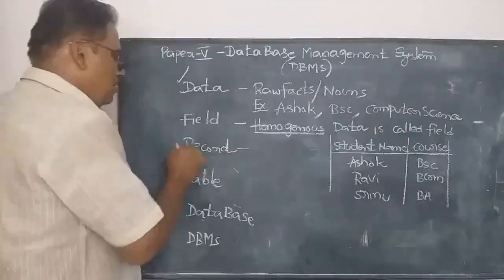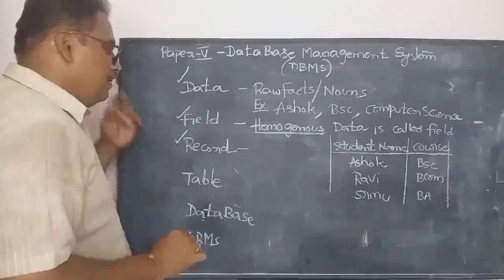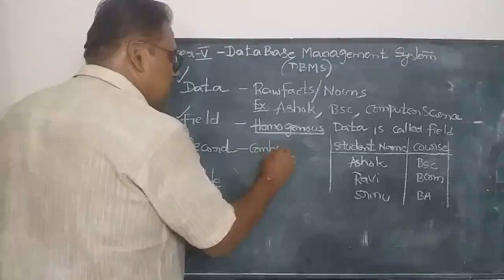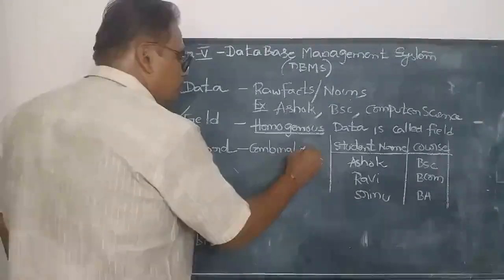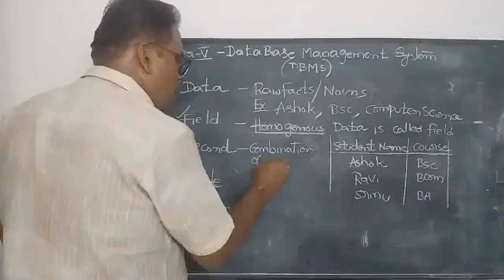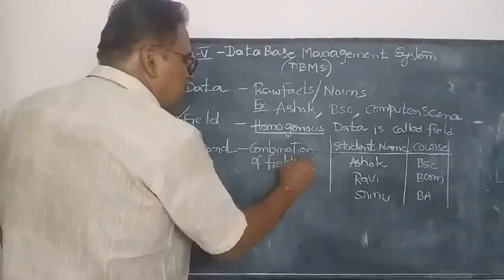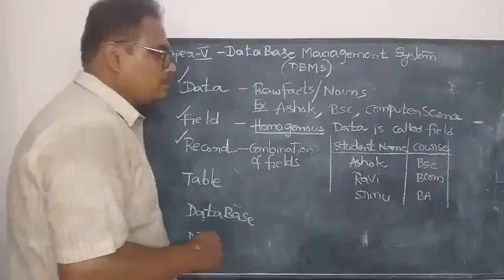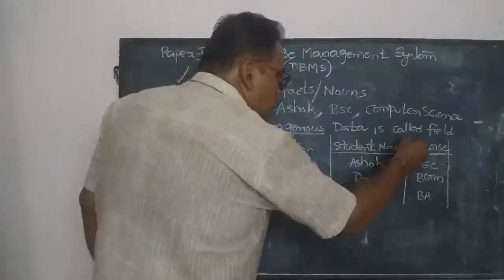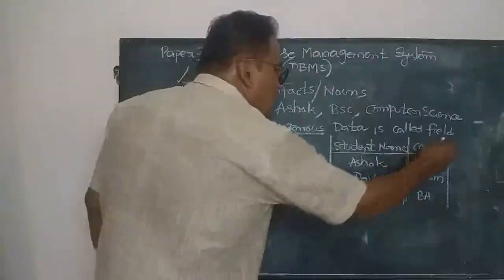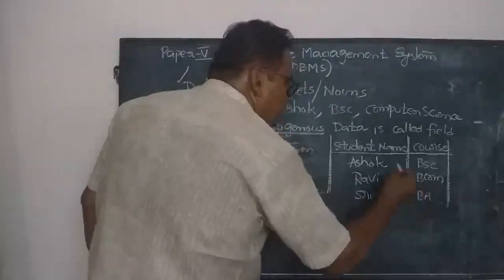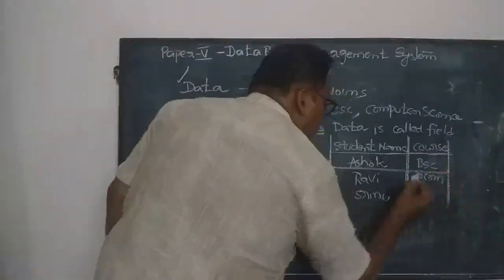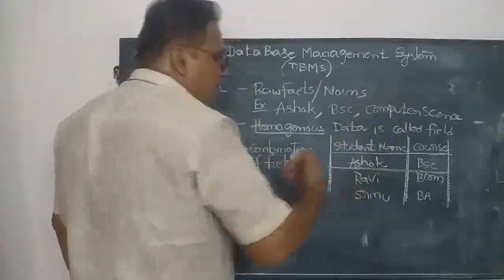And next, what is a record? Combination of fields is called a record. Here student name is a field and course is a field. Next take one row, Ashok, BSc.